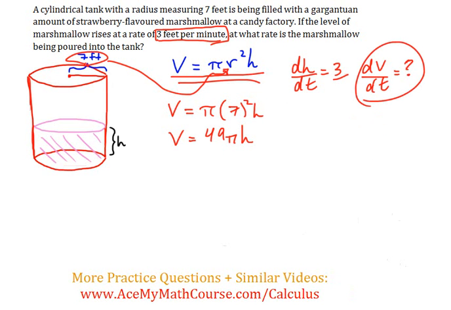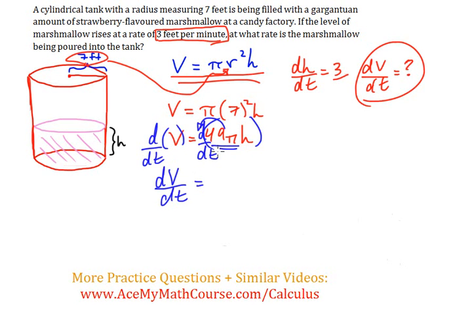Now, let's take the derivative of both sides with respect to time. So basically d/dt. So now d/dt of just V is just dV/dt, right? 49 pi is just a constant, so I can just take it outside.